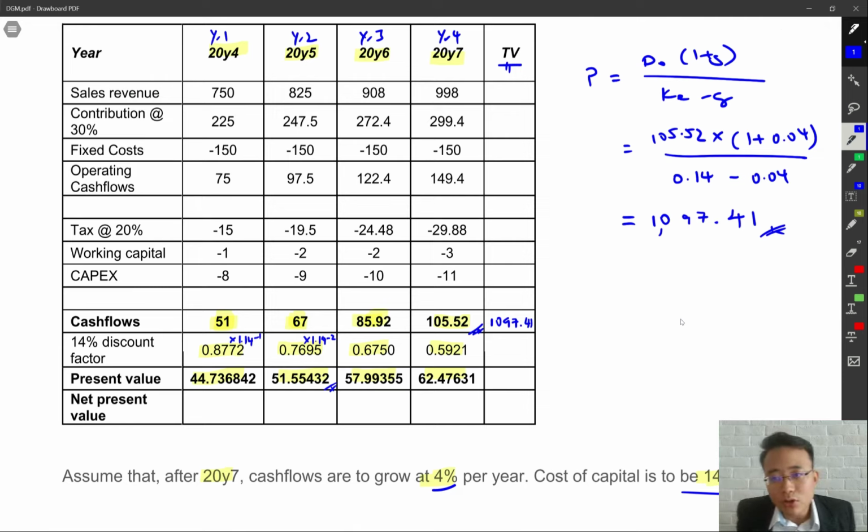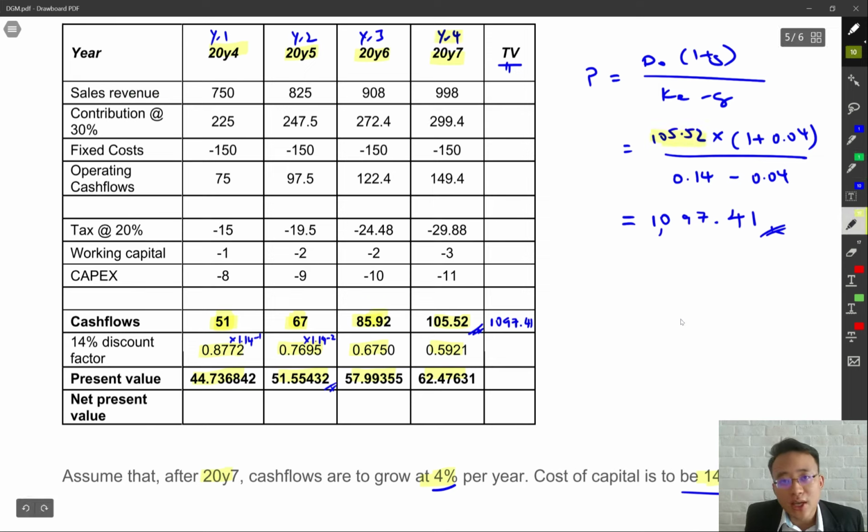The key we need to remind ourselves though, when is this? To solve that, I need to ask which cash flow am I looking at? When I'm taking 105.52, which is at year 4, and I'm growing it, what cash flow am I putting as the numerator?